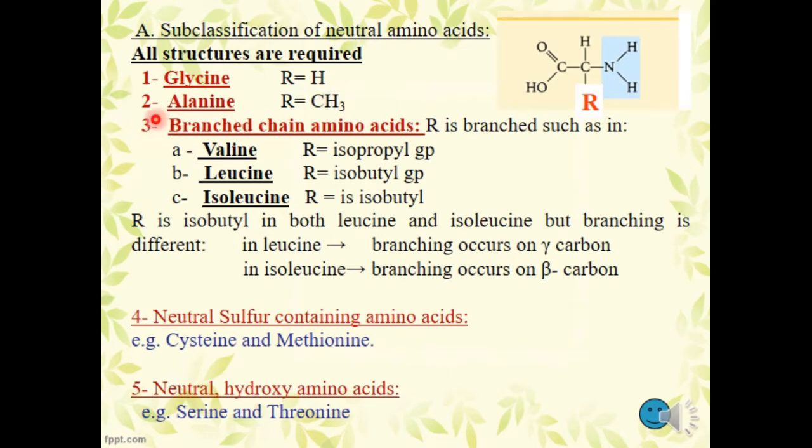And the third neutral amino acid is branched chain amino acid, where the side chain R, if it's isopropyl group, then it's valine. If it's isobutyl group, then it's leucine. If it's isobutyl group, then it's isoleucine.